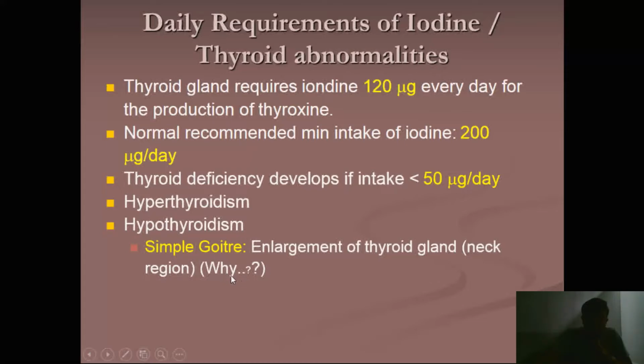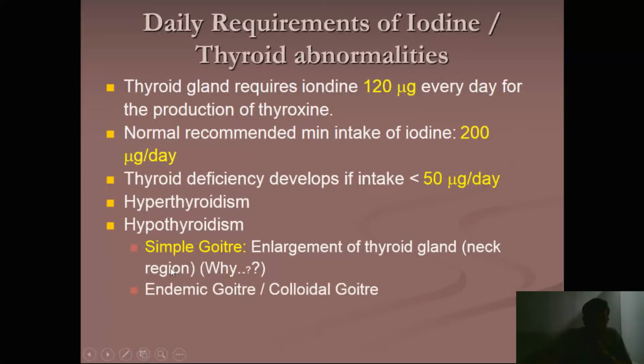Why? Because once you don't have iodine in the food and water, the blood also will have a lack of iodine, and in such a case there will be hypertrophy and hyperplasia of the follicular cells, as they try to take a trace quantity of iodine if it is present in the blood. To have such an adaptation, they increase in size, and that results in enlargement of the thyroid gland, right? That's called simple goiter.